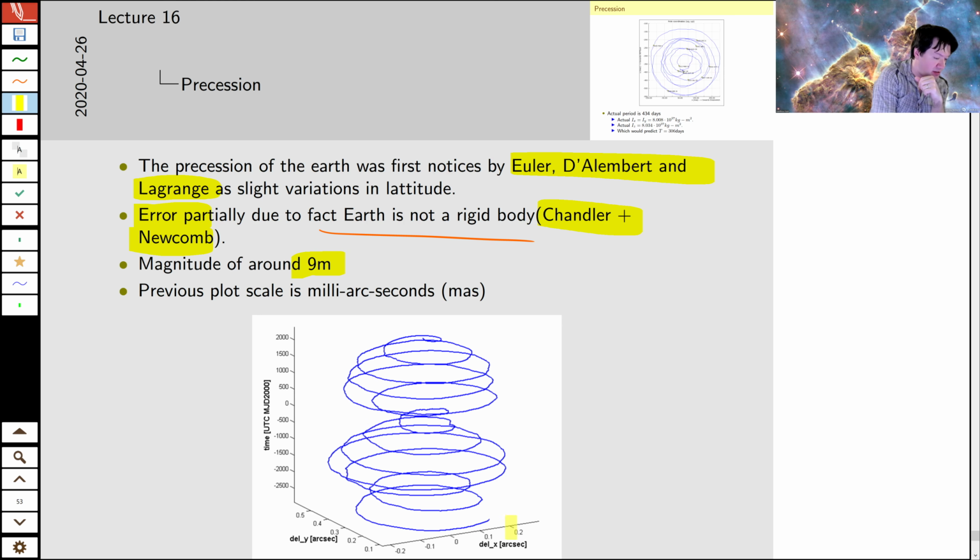Here's actually the actual motion in arc seconds. The previous one was milli-arc seconds. And you see it increases and decreases, and that's because of nutation. So small, large, small. So the magnitude of that angle varies over time, unlike the perfect rigid body torque-free motion.